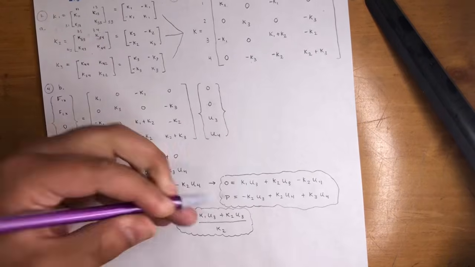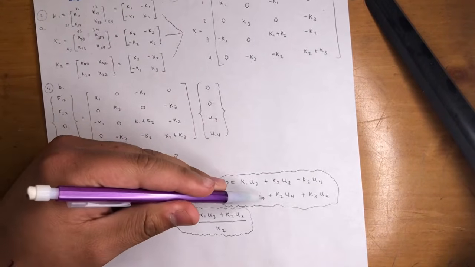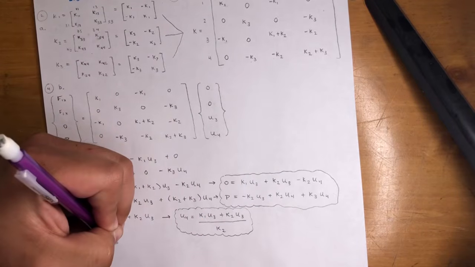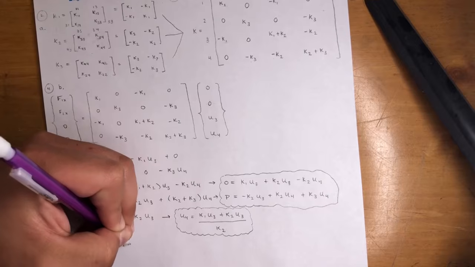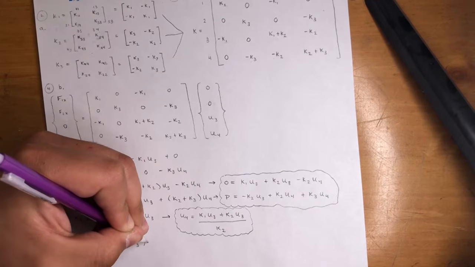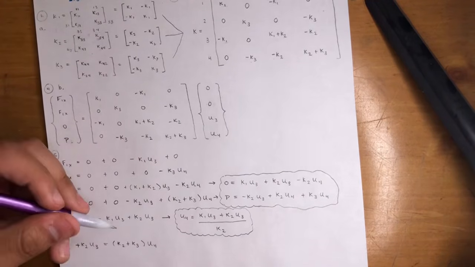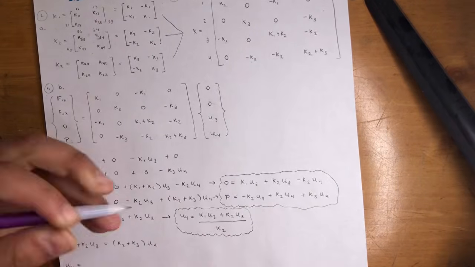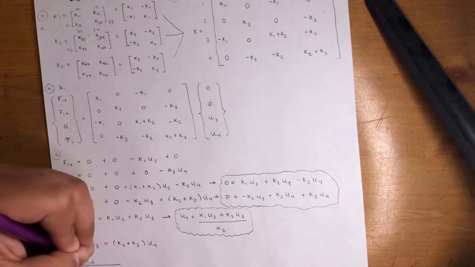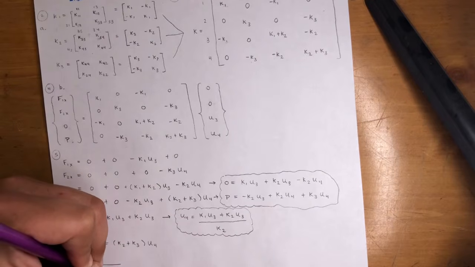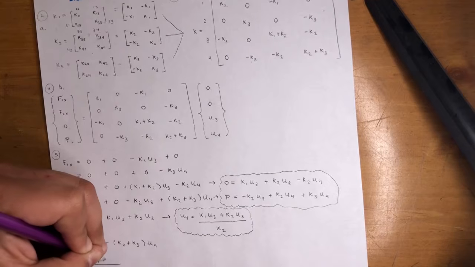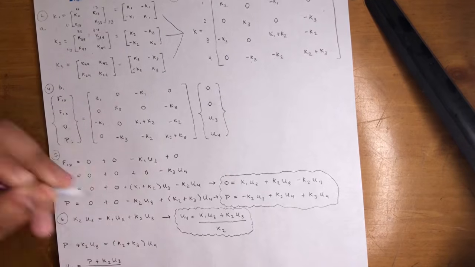So P plus K2U3 is equal to K2U4 plus K3U4. Factor out the U4, you get K2 plus K3 times U4. And then solve for U4, you will get K2 plus K3 at the bottom, P plus K2U3.